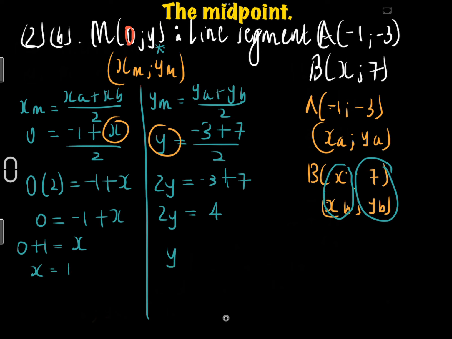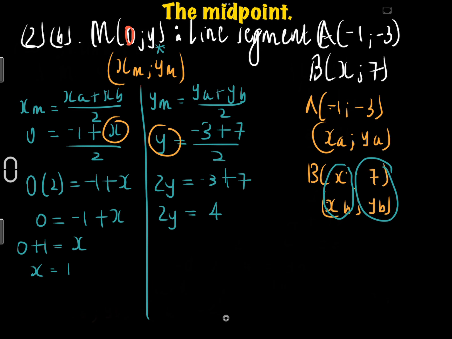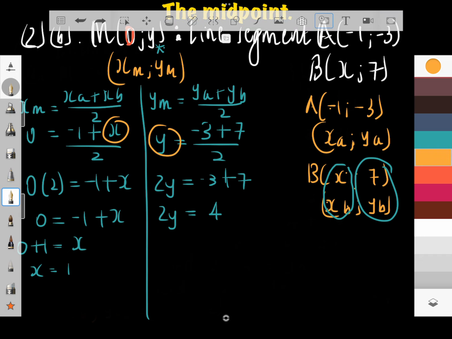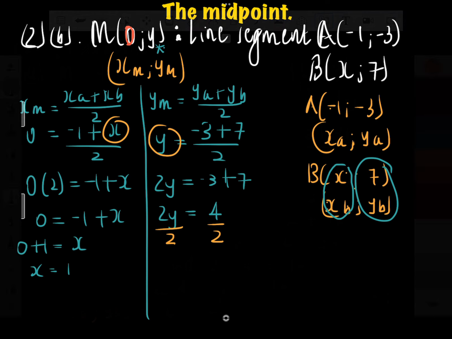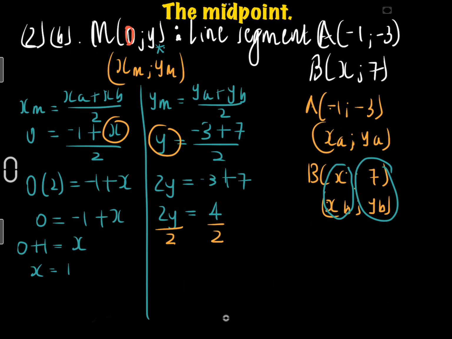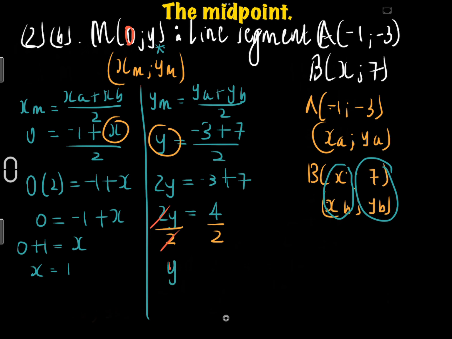For y, let me show the steps: because of the coefficient, we divide by 2 on both sides, the 2 cancels out, and we remain with y.